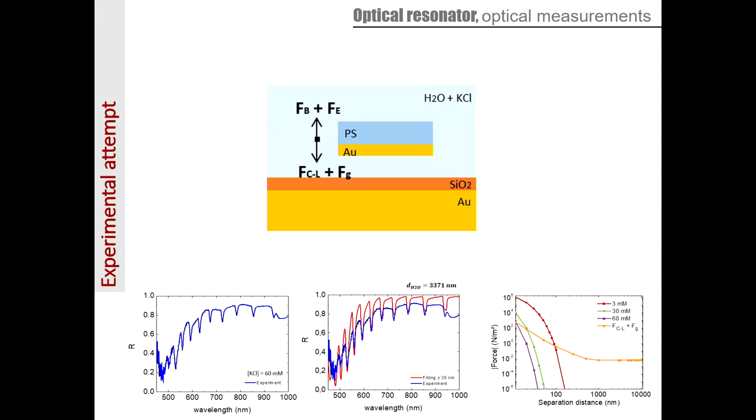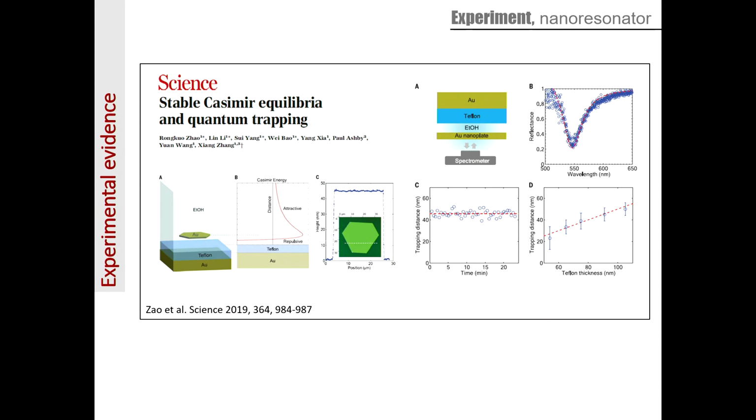So we measured our system, we did the fitting, but we were one order of magnitude farther than our design told us. So when we were dealing with all this, then it happened. By that time, the group of Xian Zhang in Berkeley demonstrated experimentally this idea.